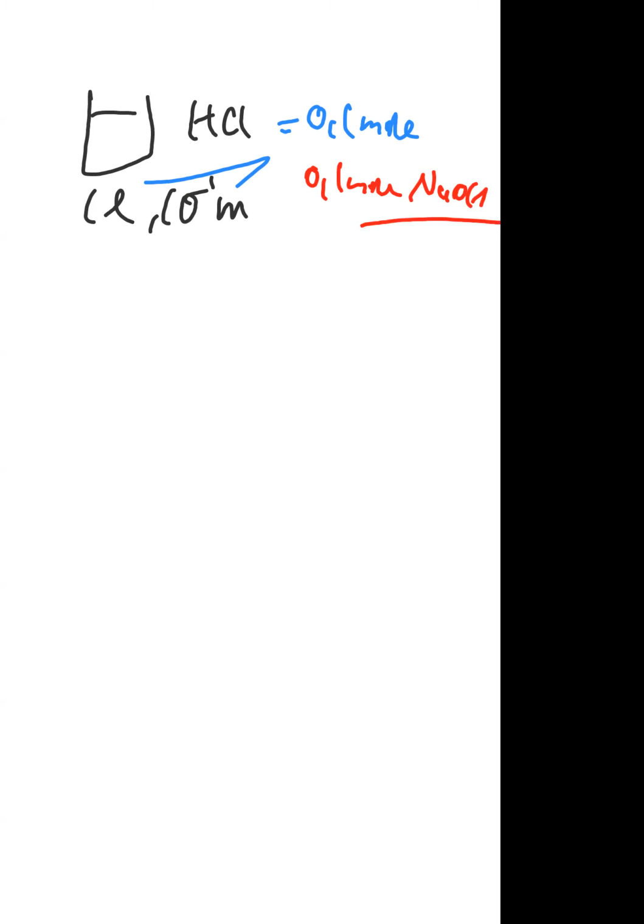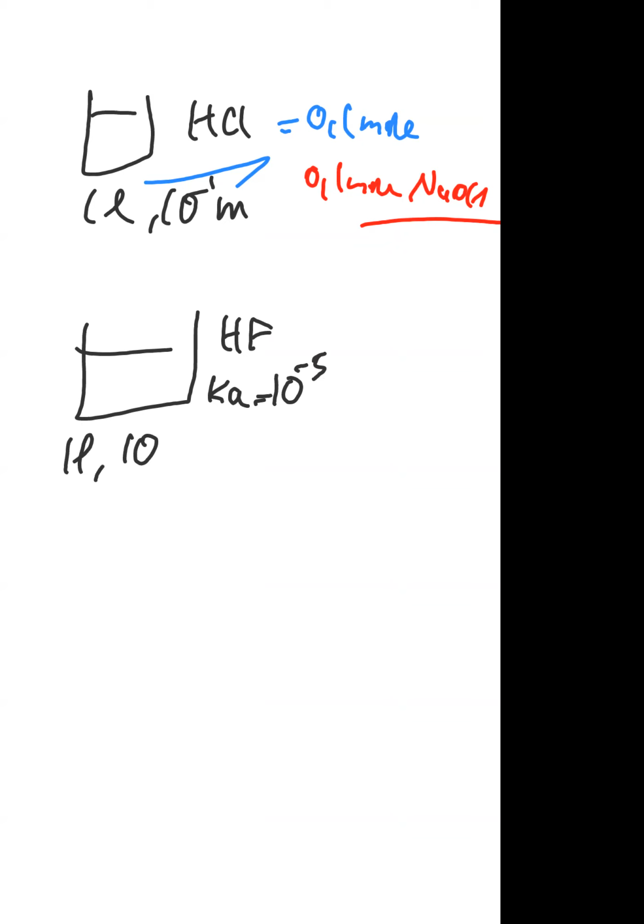For the case of HF, which has a Ka value of 10 to minus 5, we have 1 liter and 0.1 molar, with a pH of 3. How many moles of sodium hydroxide are required to neutralize this HF solution?